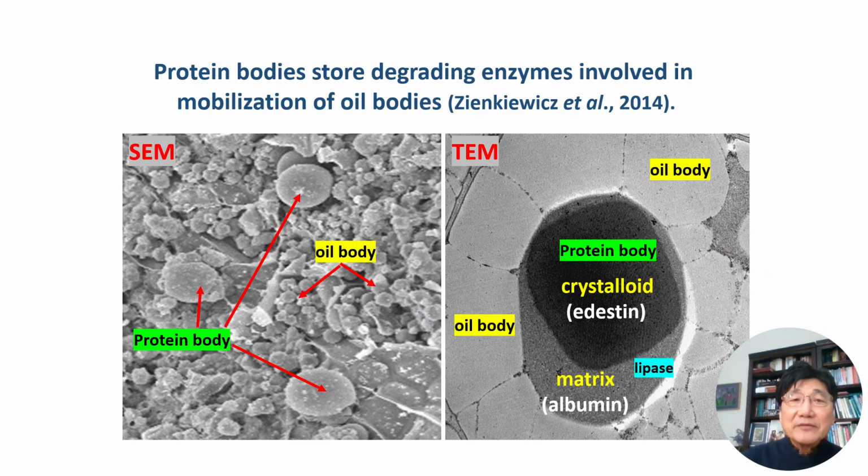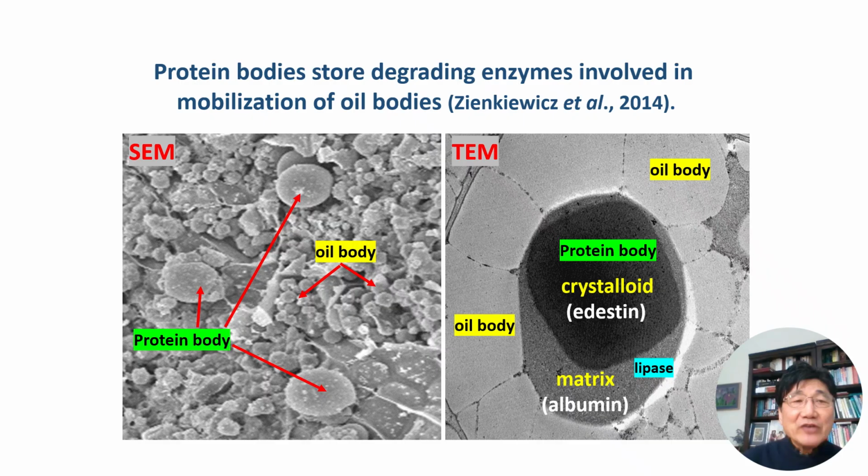As shown in the picture on the left, the cells of the cotyledon are filled with large protein bodies and smaller oil bodies. The protein bodies are surrounded by numerous small oil bodies. A protein body is composed of a central crystalloid and the peripheral protein mass.